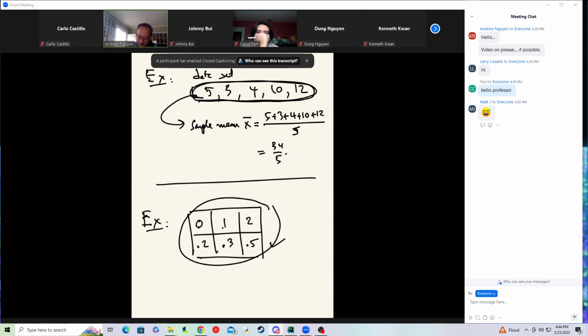Okay, it's simple that we can find the mean, right? If I randomly select a number from this distribution, what's the average? Well, that's easy. That's 0 times 0.2, 1 times 0.3, and 2 times 0.5.